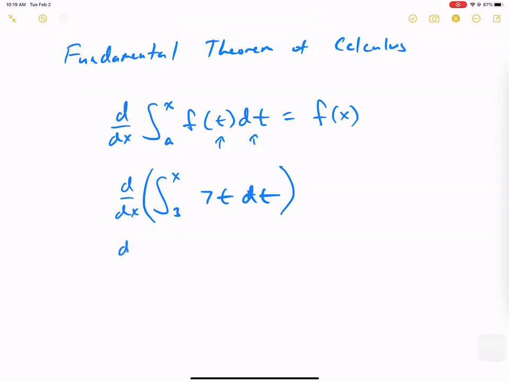If I say this is d over dx of, let's take the integral of 7t. That's 7t squared over 2, right? And then we're going to plug in x and 3. Everyone okay with I just did power rule?